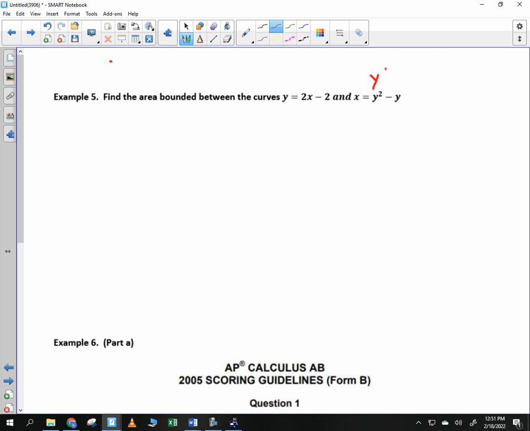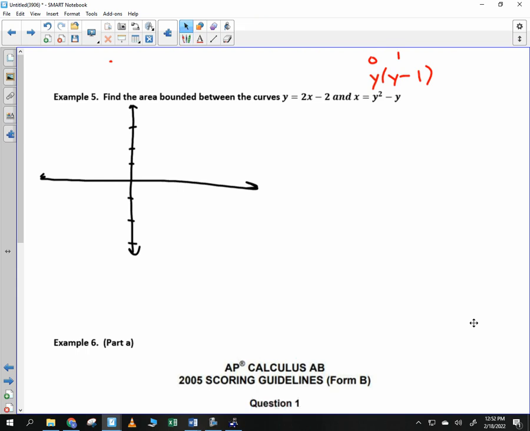If I just factor it to be y times y minus 1, it turns out it intersects the y-axis at 0 and 1. So that means that it's going to intersect here, it's going to intersect here.